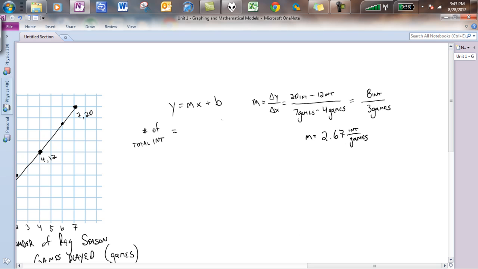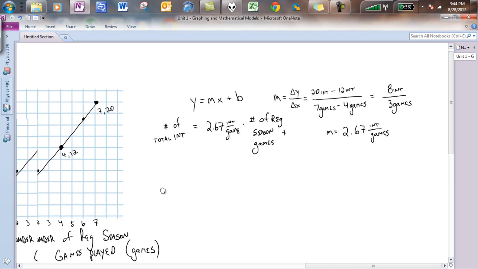We can plug that in here, 2.67 interceptions per game, times X, which X is the number of regular season games. And we are going to add this to our y-intercept, and we go on over to our graph.